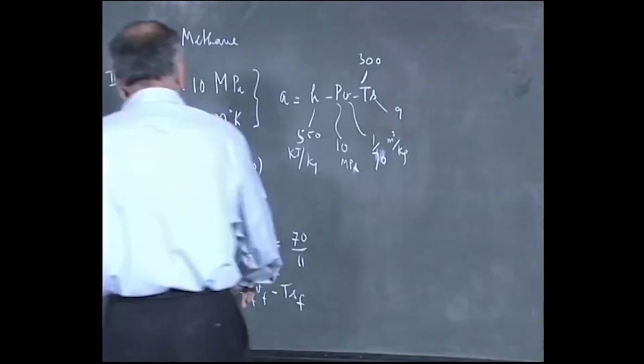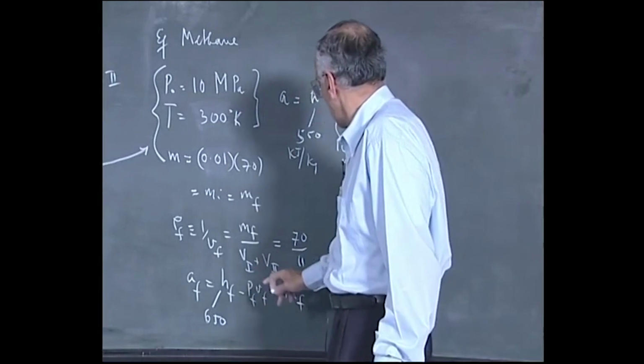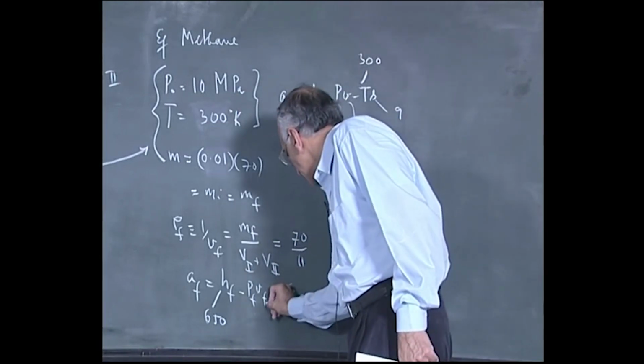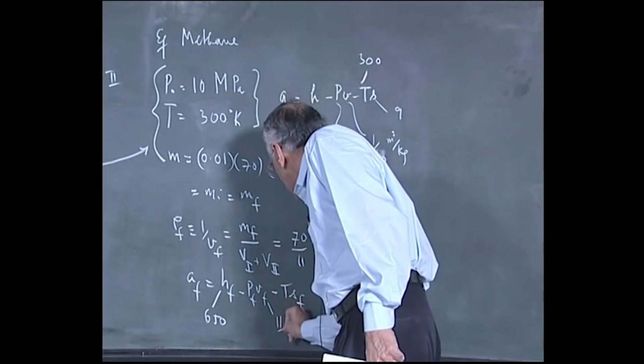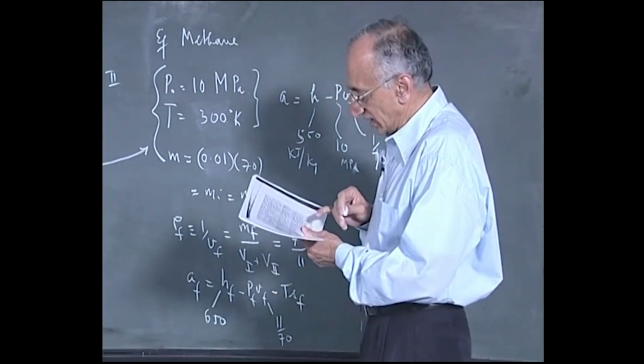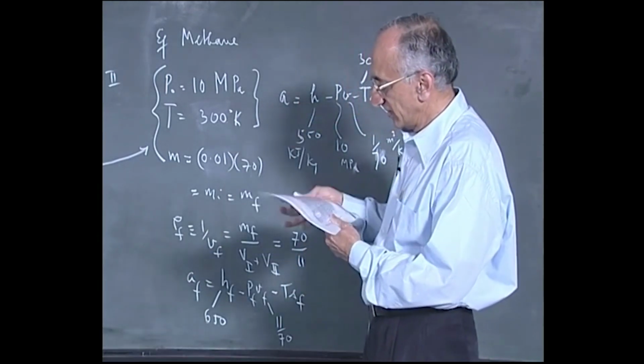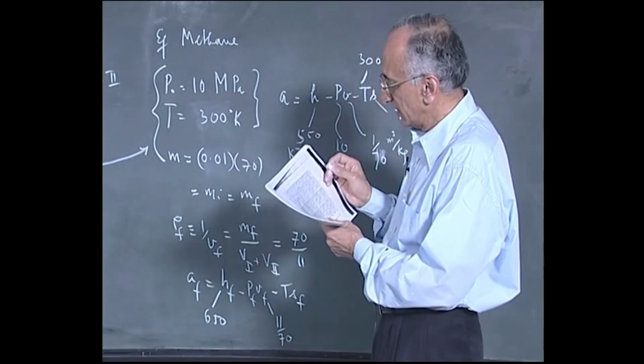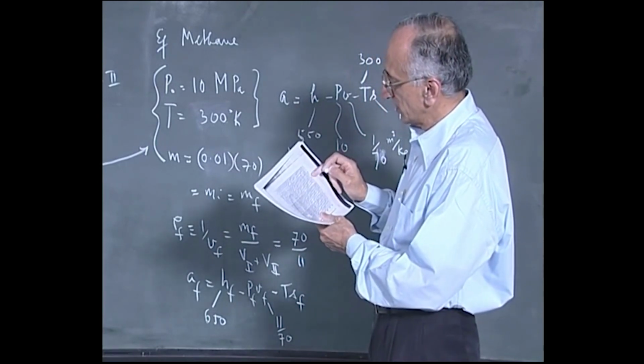So this is HF, this you can read PF, we have already seen what this is, 11 by 70. You can read PF on that intersection again, I don't know what it comes to.